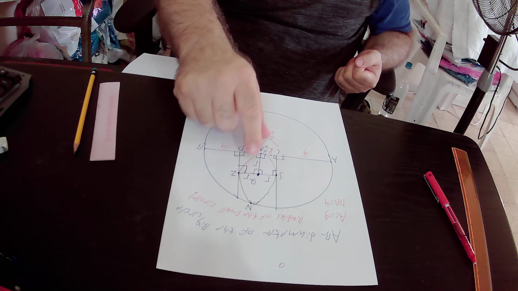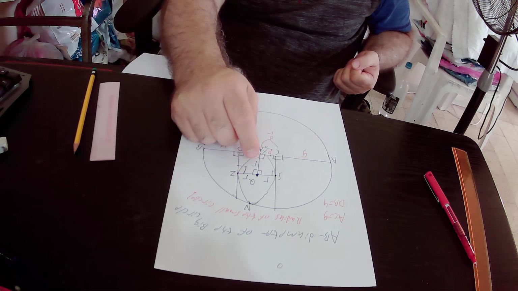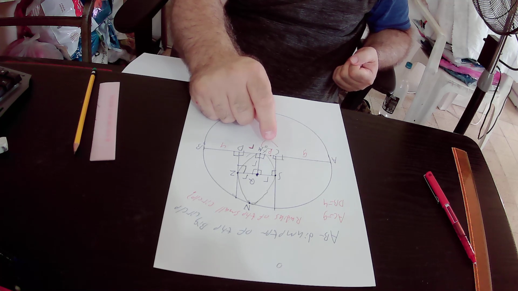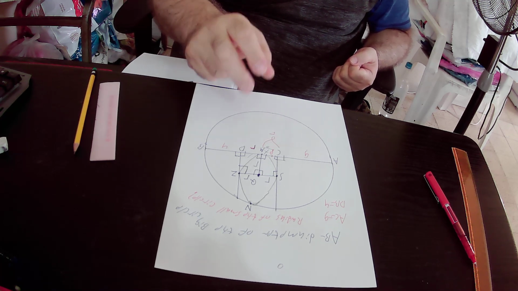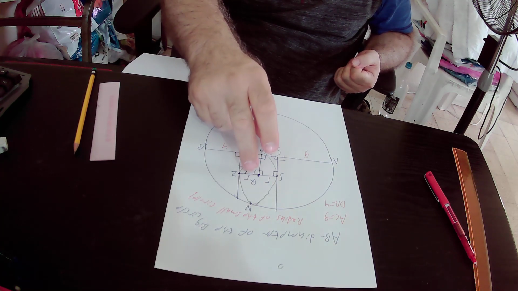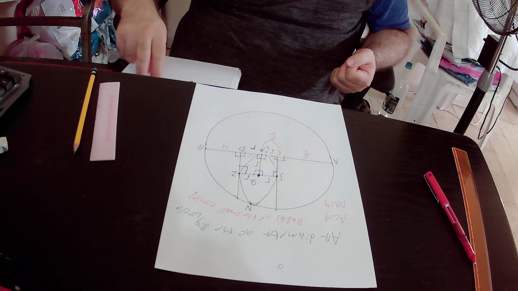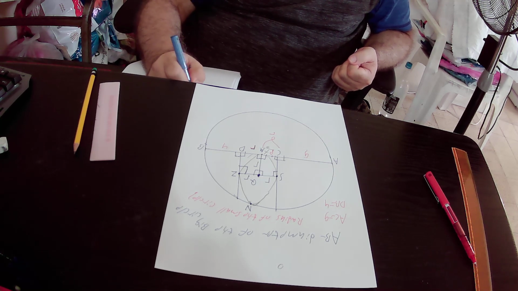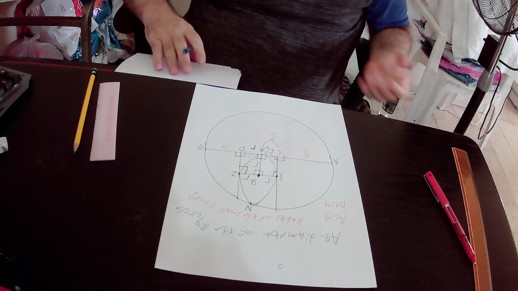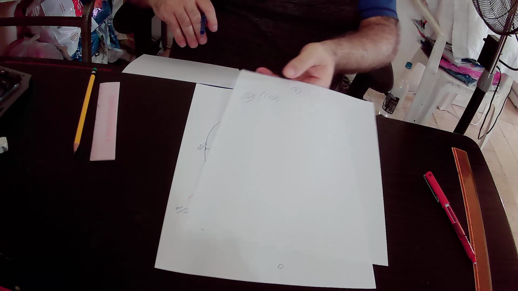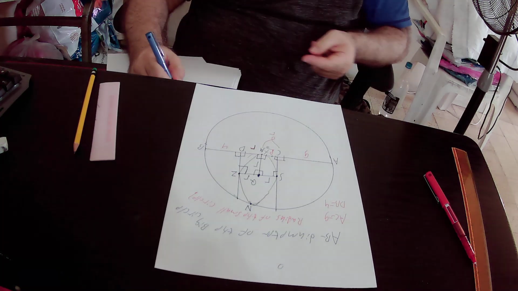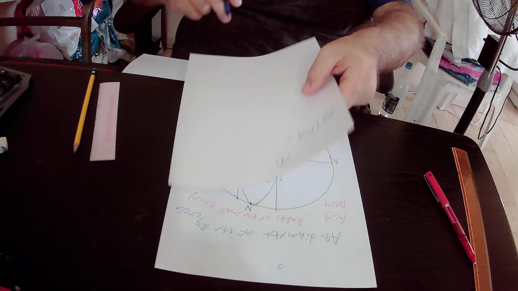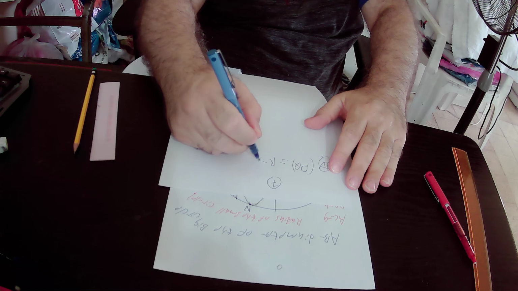So here actually the center of the small circle is at point Q, and the center of the big circle is at point P. So the distance between the centers of the two circles is PQ, and according to rule number 1, that distance PQ equals the difference between the lengths of the radiuses of those circles. That is to say, PQ equals capital R minus small r.